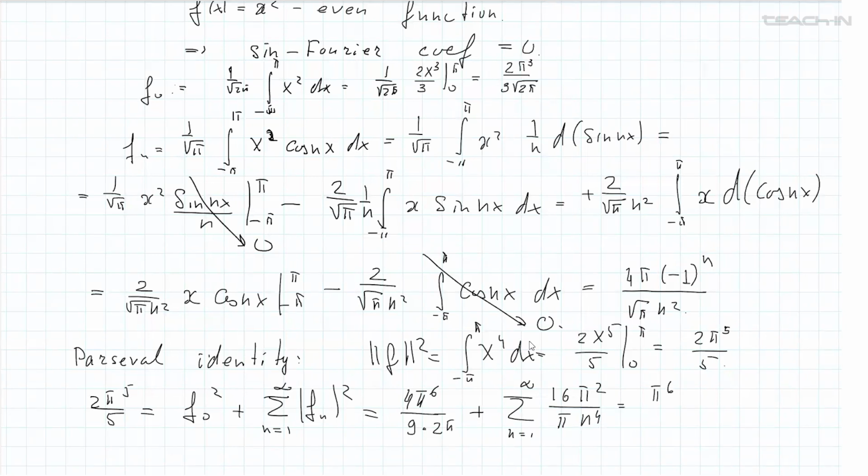Here we have only two, here we have 5, and here we have 9, plus 16 pi and our sum.